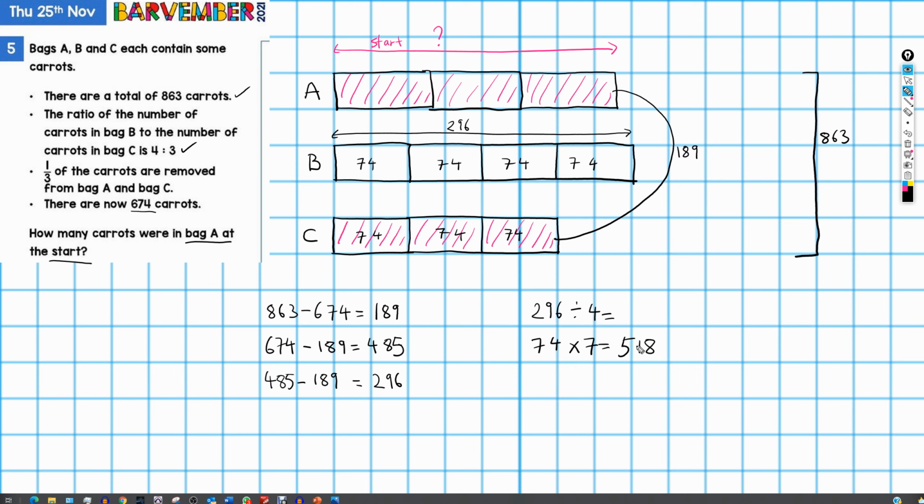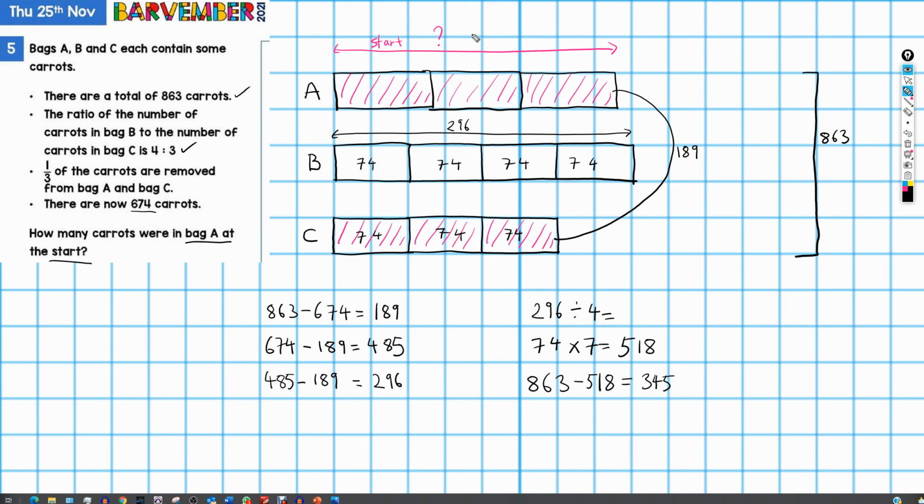So that's the value of all of B and C at the start. And at the start we know that we had 863. So we then do 863 and we subtract 518, and that gives us 345.